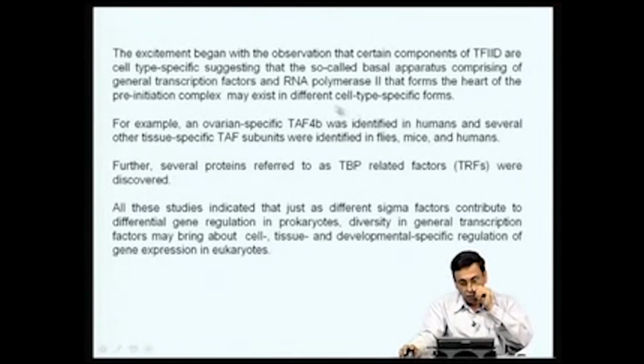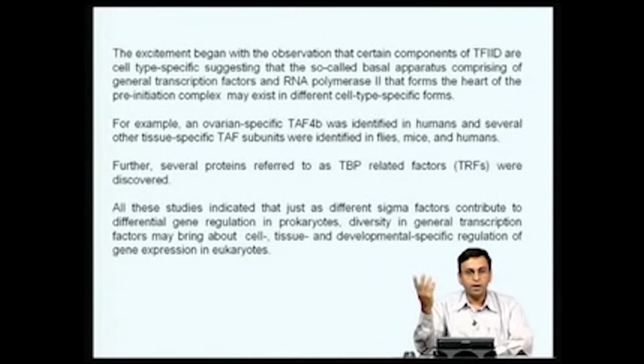So, once they found these kinds of things, people started looking at TAFs in other cell types and other tissues, and such variants of TAFs were identified in a number of other organisms like flies, mice and humans and so forth. Similarly, the TATA binding protein is not just one protein. People also realized that when you started purifying TBP from other cell types and other tissues in other organisms, variants of TATA binding proteins called TBP related factors were identified, and they seem to be functionally slightly different from the regular TATA binding protein.